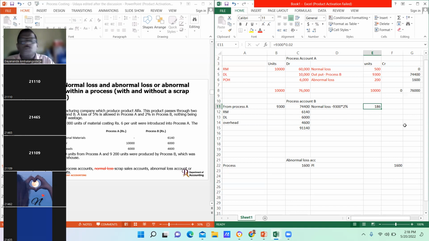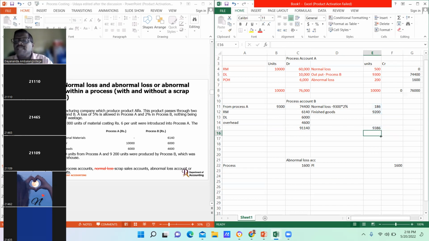Then, as per the question, the B output is 9,200 finished goods. So now you can get the total. What is the total here?